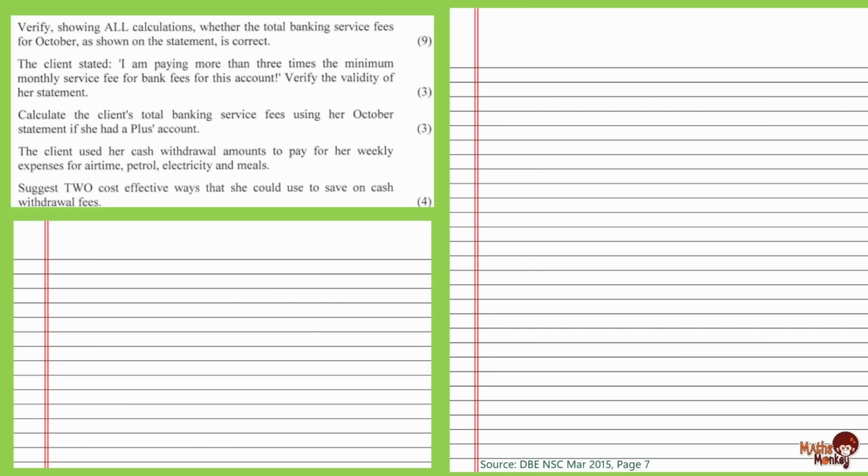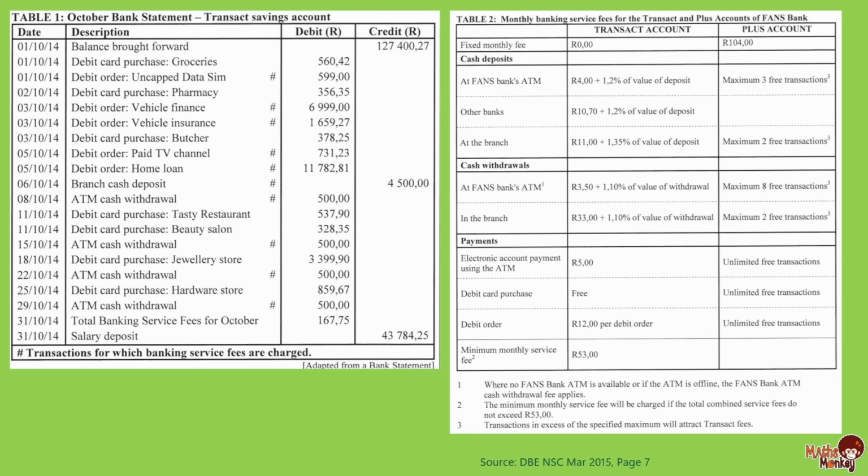But they say we have to show that this value over here, that total banking service fee, is actually the correct charge for all of the transactions that have taken place during this time period.